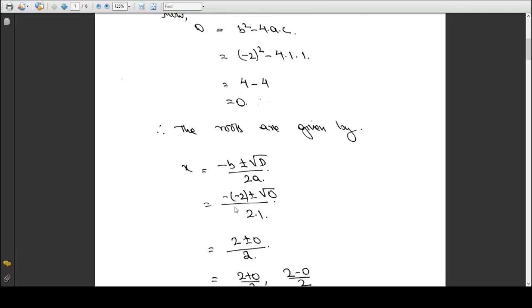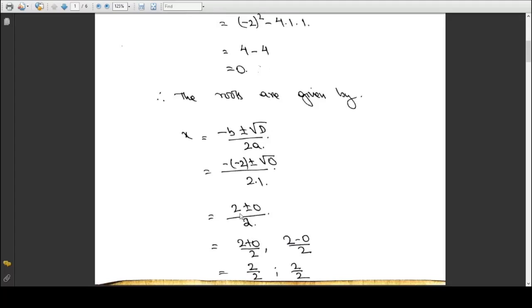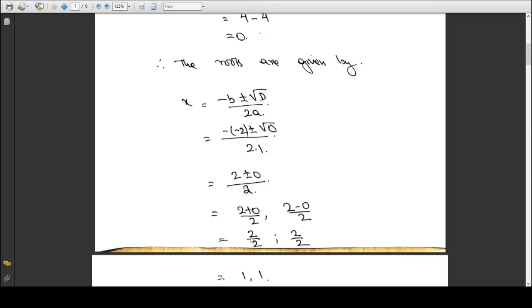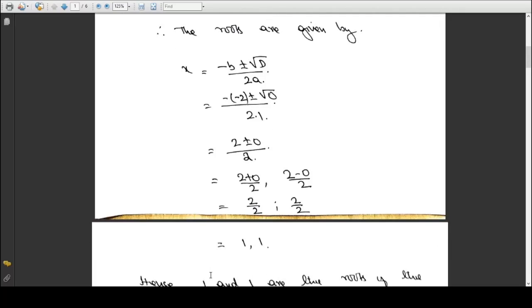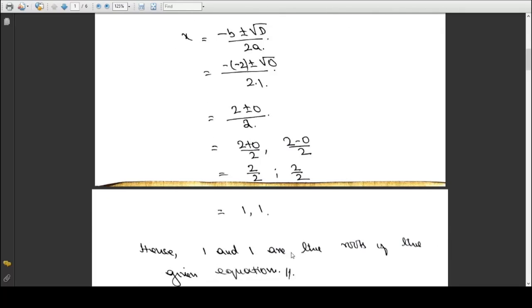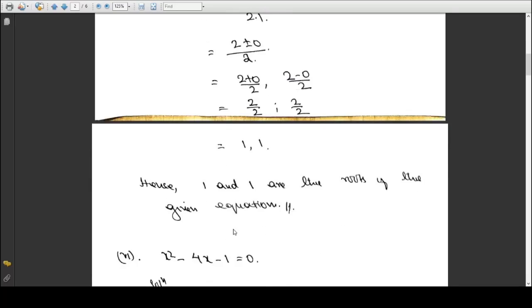Minus minus is plus, so we get 2 plus minus root 0 is 0, over 2 multiplied by 1 is 2. One value we take with plus, the other with minus, that is 2 plus 0 by 2 and 2 minus 0 by 2, which give us 2 by 2, or 1, and the other will also be 1. Hence the values 1 and 1 are the roots of the given equation.